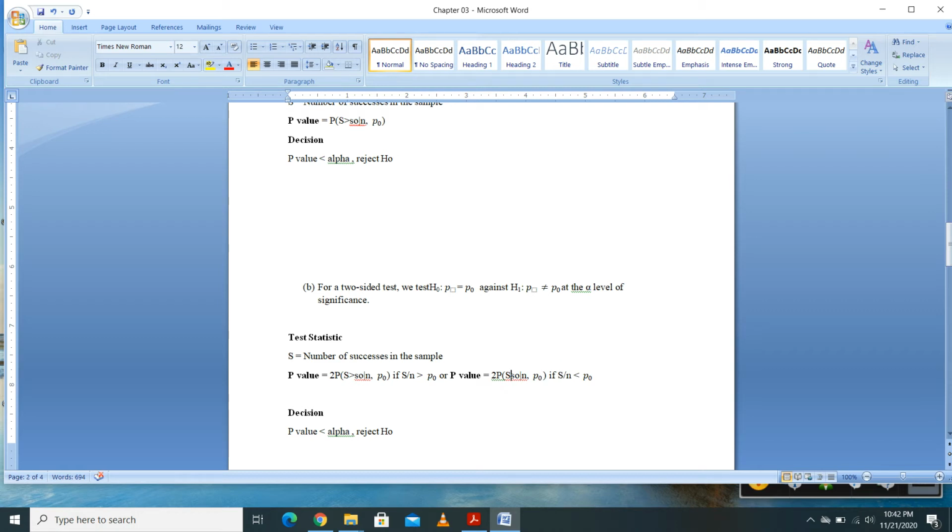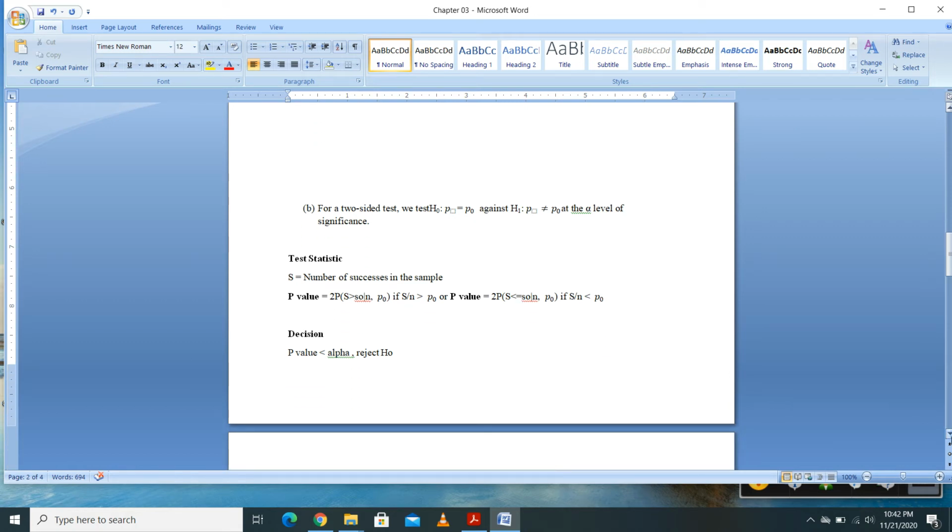That is the probability where S is less than or equal to the observed value of the test statistic, given that the sample size is n and the value that we are testing is p naught. So using these two methods, we are going to find the p-value. If the p-value is less than alpha, just as before, we are going to reject H naught. So this is how we are going to use the binomial test, right?